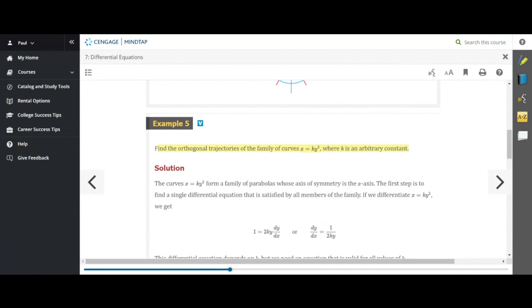So they want you to find the orthogonal trajectories of the family of curves x equals k times y squared, where k is an arbitrary constant. Okay, so x equals k times y squared, that's a family of what?